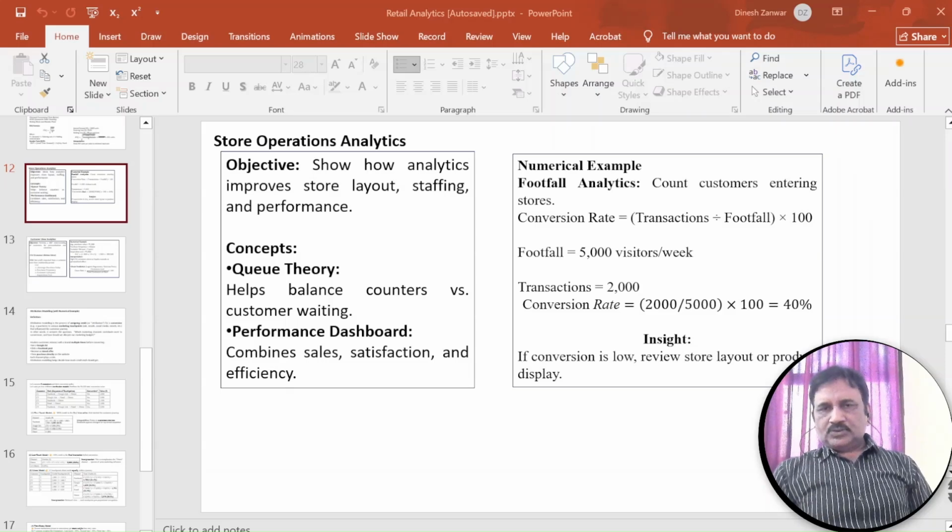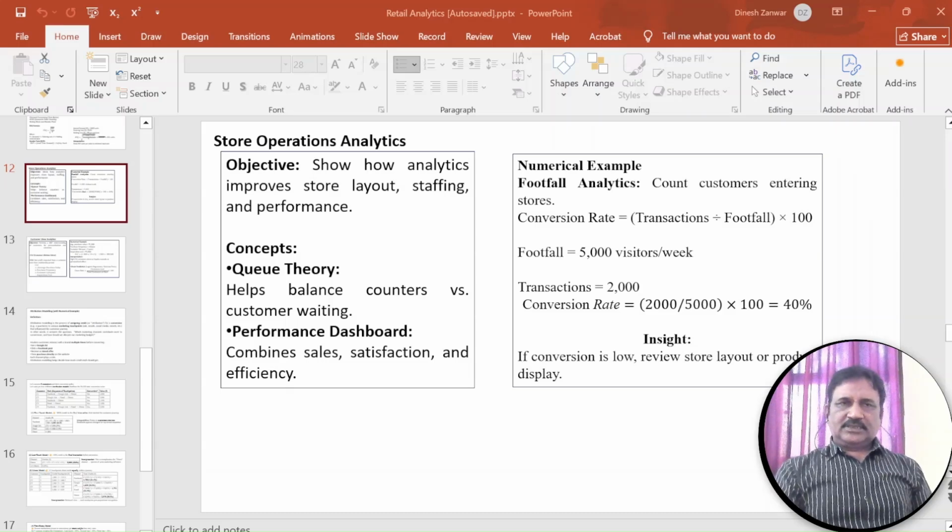So if the conversion rate is lower, the management will have to think in various aspects, like improving or changing the store layout, and staffing, motivating the staff in the store to give their better performance so that the conversion rate increases. If the conversion is low, review the store layout or product display.